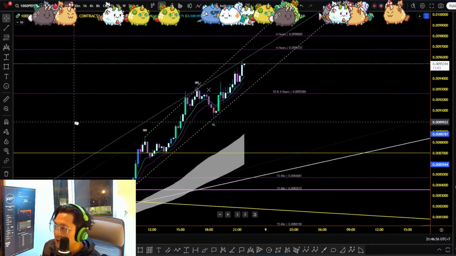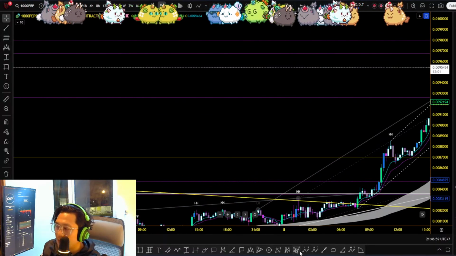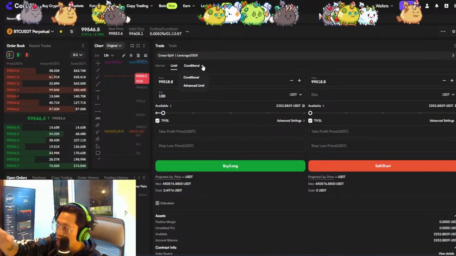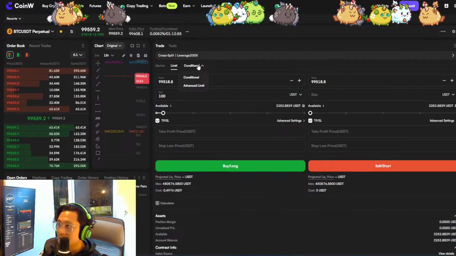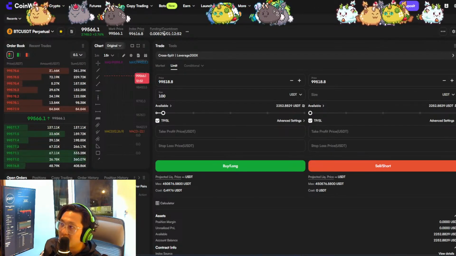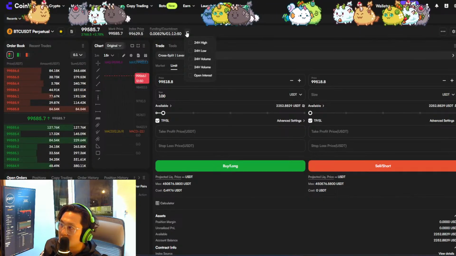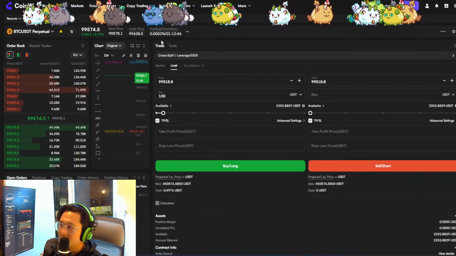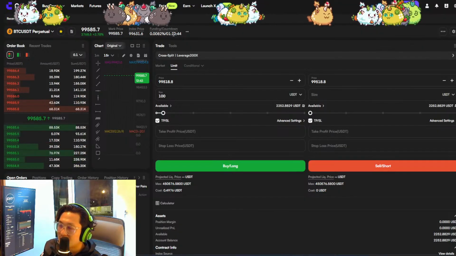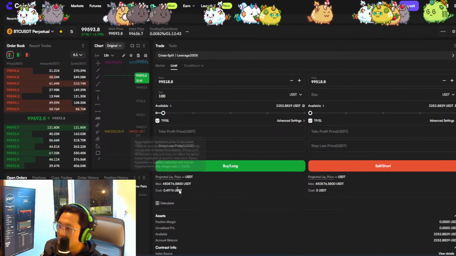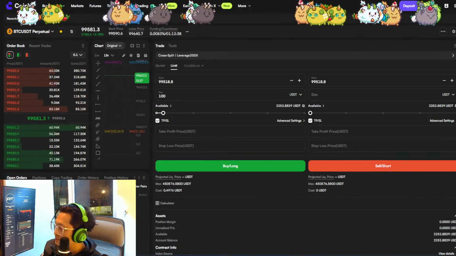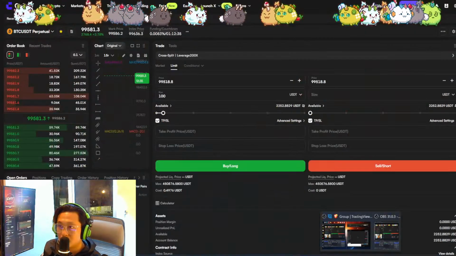Today I'm just going to teach you how to use these features. You see, there's a funding rate countdown, I think every 24 hours, so you have to pay. It's going to cut your margin off if you open a position. So this is the funding rate, guys. What else?